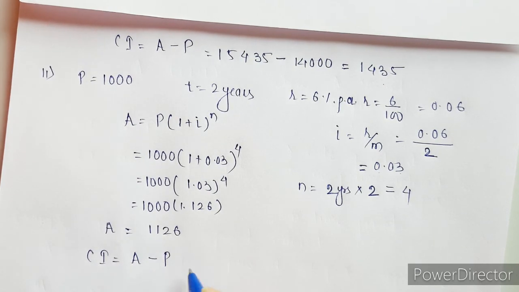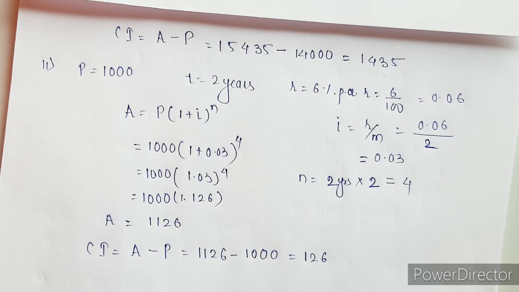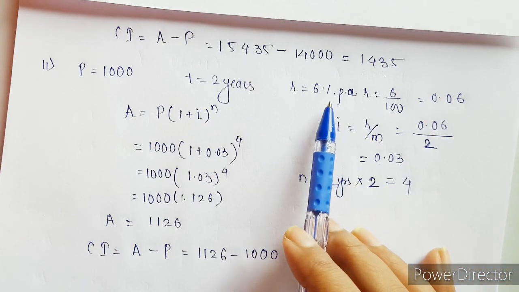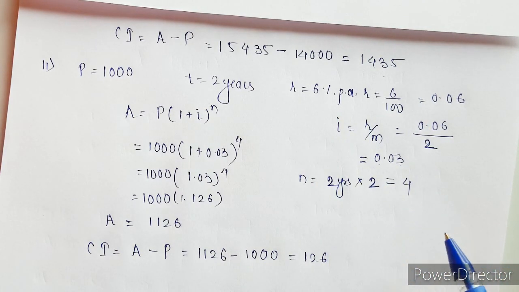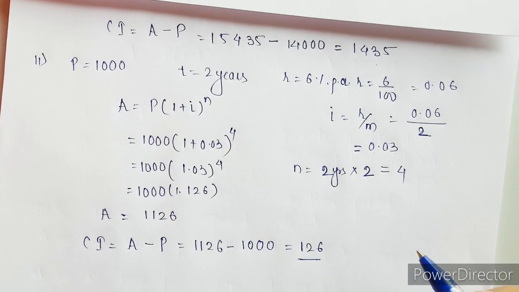It is amount minus principal: 1,126 minus the 1,000 rupees we had invested. So the interest we are getting here is 126.